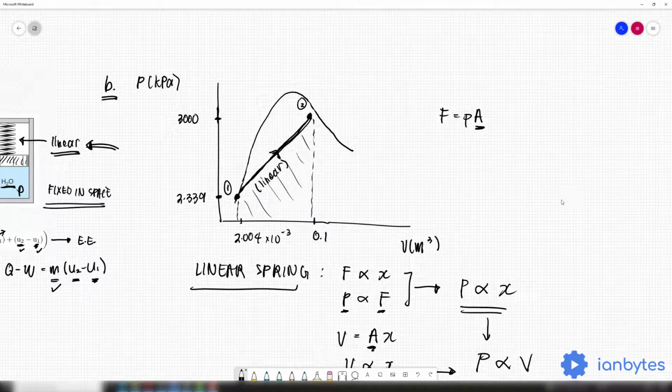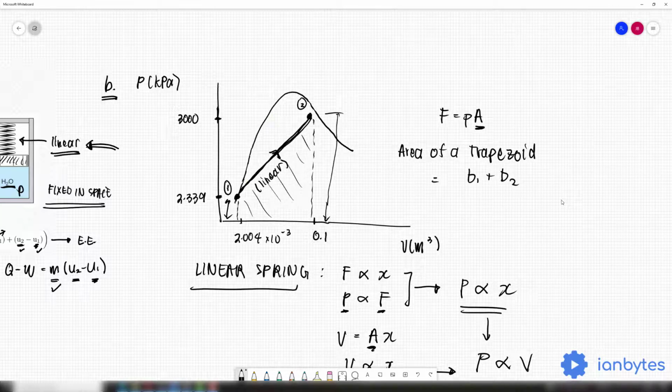And if we apply the fundamentals of geometry, we are essentially looking for the area of a trapezoid, whereas this one over here is your B1, plus B2, which is your second base, divided by 2, multiplied by the height h, which is, in this case, this height over here, the distance between the two bases.